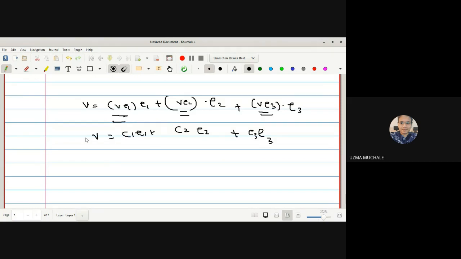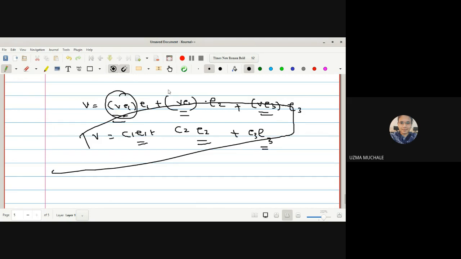So what I want to prove in the next lecture is that any vector V can be written as a linear combination of E1, E2, E3. So instead of those constants C1, C2, C3, we make use of V(E1), V(E2), V(E3), and it is nothing but working as a constant. We know that any vector, suppose you want to write this vector, say 1, 2, 3, we need scalars, no?